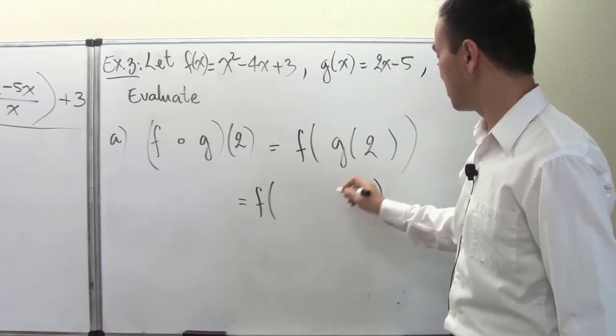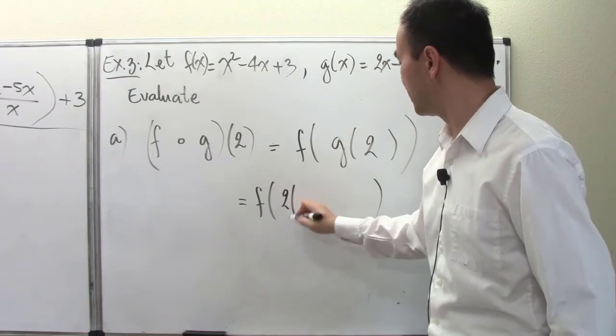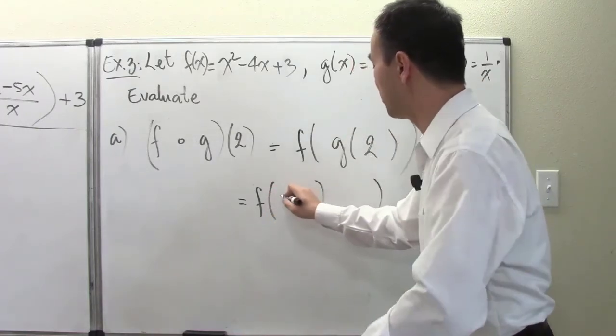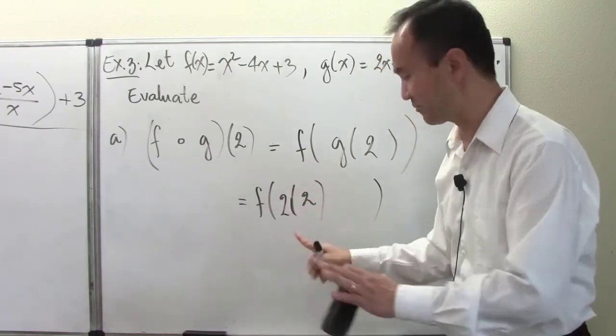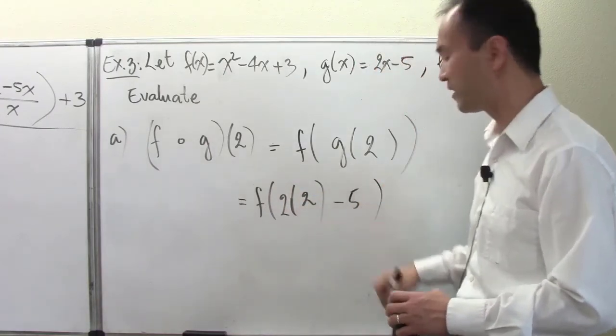So g of 2: the rule for g says we multiply every input by 2, and then minus 5 from it. In this case the input is 2. I should have written down the input first and applied the rule on top of that, like how I have been doing it.